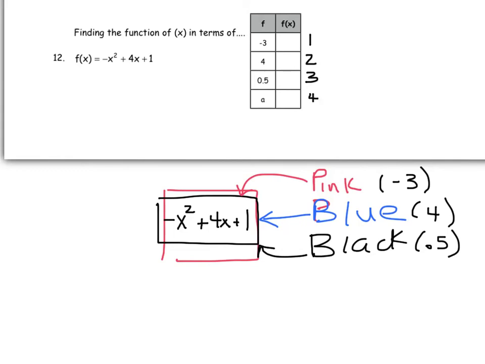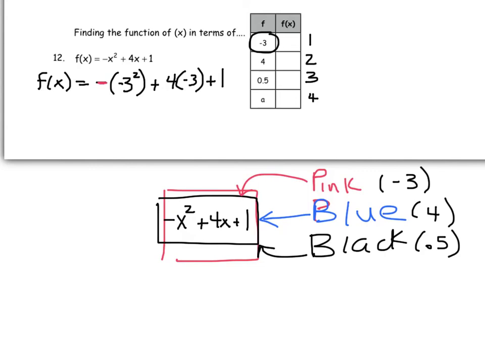Okay, so let's go ahead and do the first one. So we're going to go ahead and say the function of X, and now we're going to plug in -3 for X. So we have a -3 squared plus 4 times the -3 plus 1.